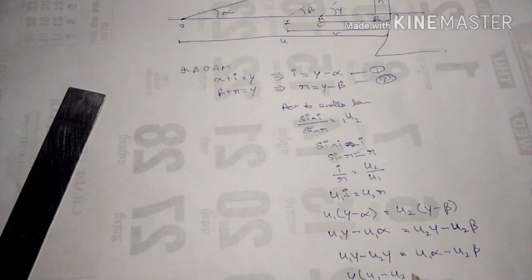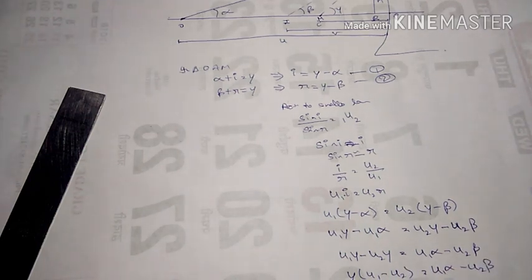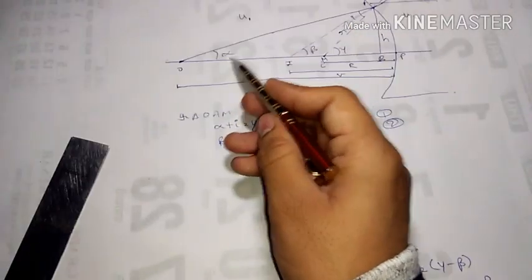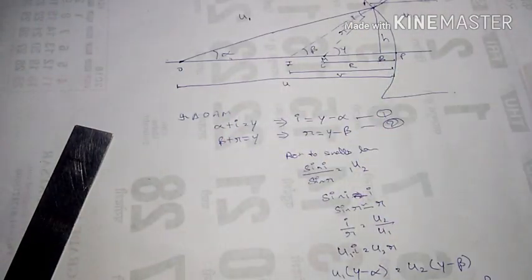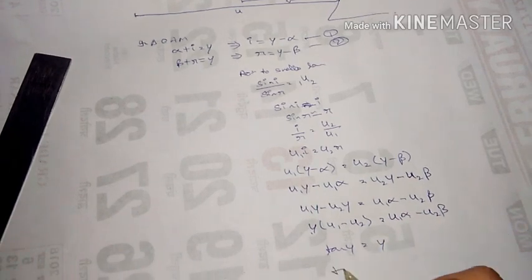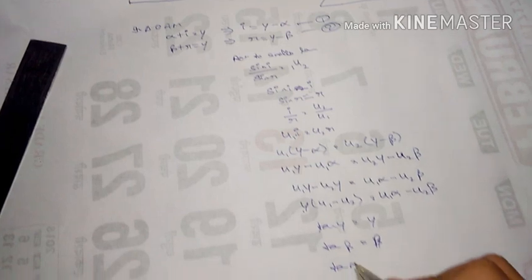It's mu, not u, it is mu. Now take both the gamma terms on one side and alpha and beta on the other side. Here gamma is common, so it will become gamma times mu 1 minus mu 2 is equal to mu 1 alpha minus mu 2 beta.